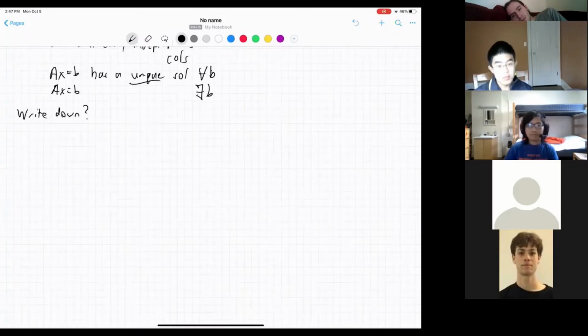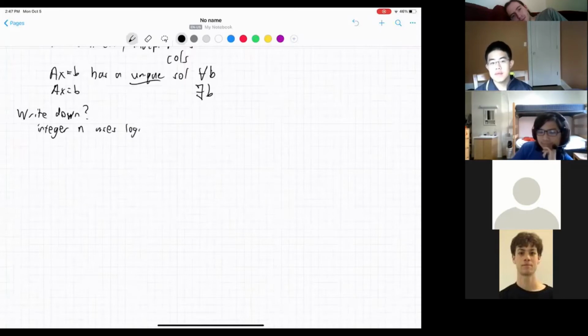But let's come back to this question of writing it down. So if you think about it, we've already, in the context of Maxflow, talked about the complexity of writing down numbers, right? So we know that an integer n uses log n bits to write down the value of an integer.